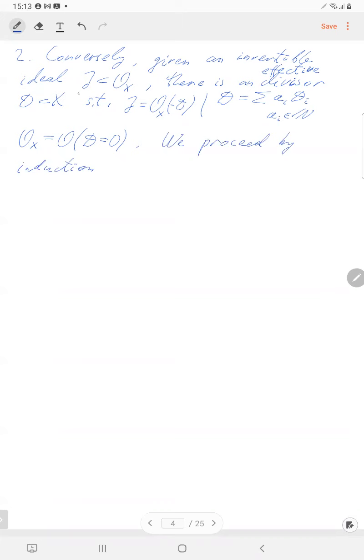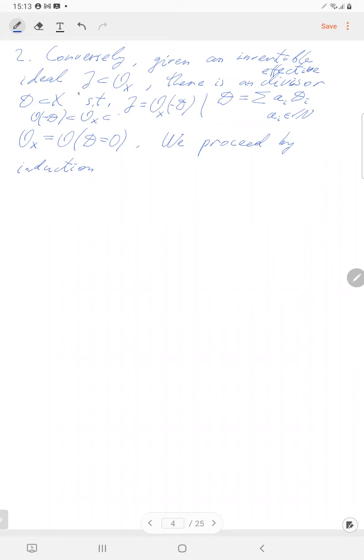But for effective divisors, OX of negative D is a subsheaf of regular functions of the structure sheaf. But OX of D is allowed to have poles. So it contains. Let me write it somewhere here. O of negative D is contained in the structure sheaf.